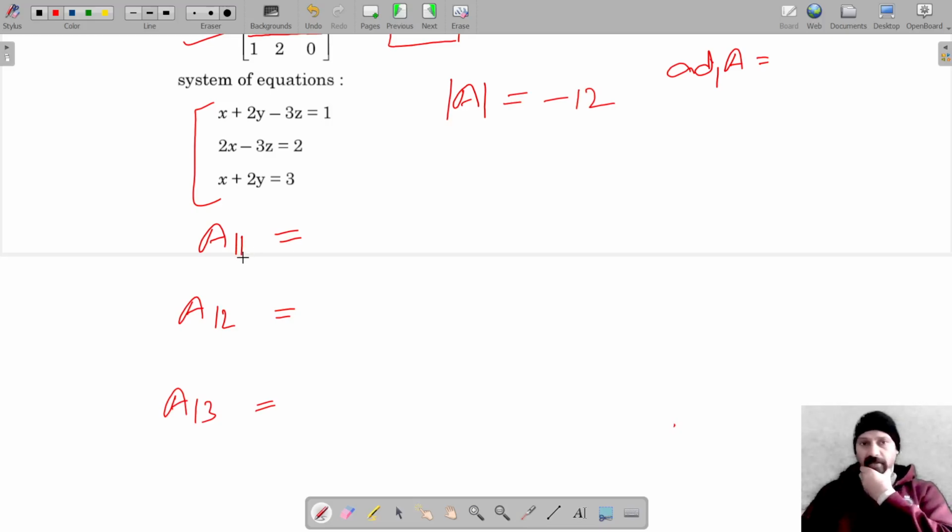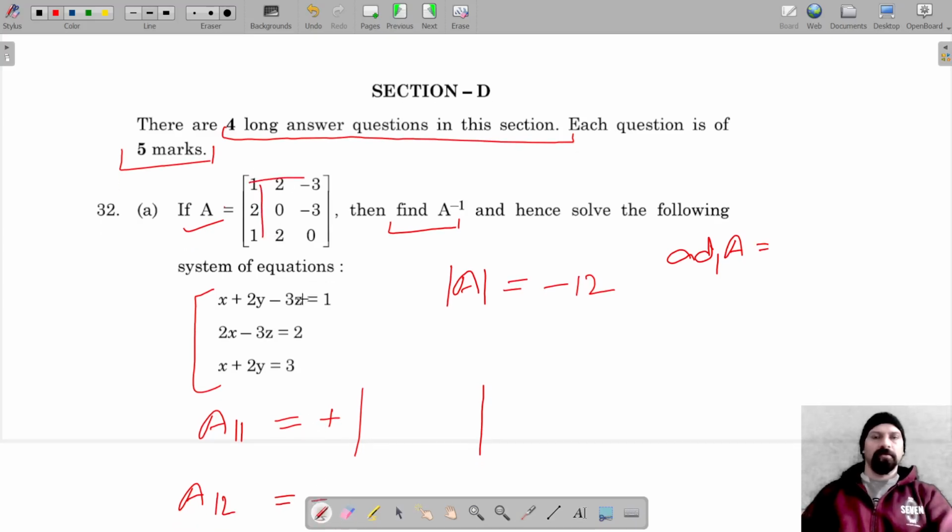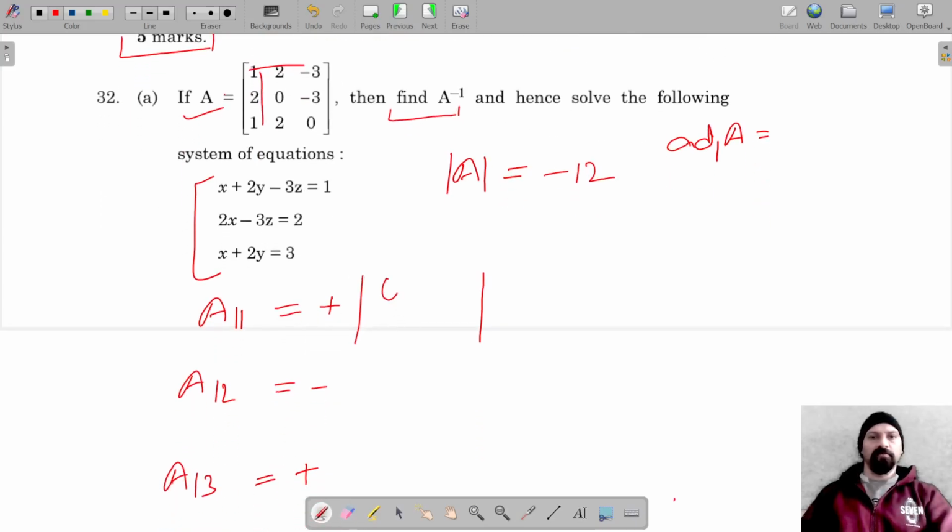Let's assign the signs first. For 1 plus 1, adding the row and the column gives 2, which is even, so we put the positive sign. For odd, we put the negative sign. Now remove the row and the column for the element in the first row and first column. The determinant is 0, negative 3, 2, and 0, which gives 0 and negative 6.